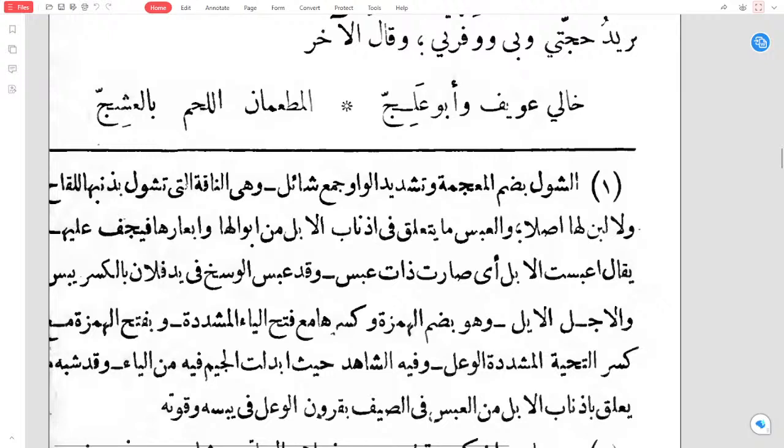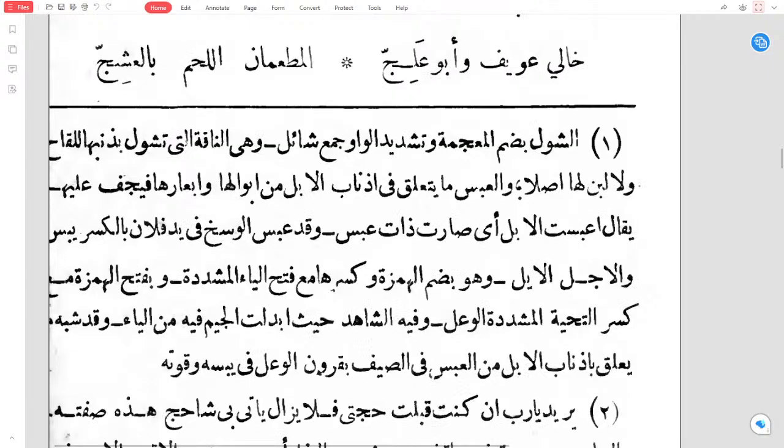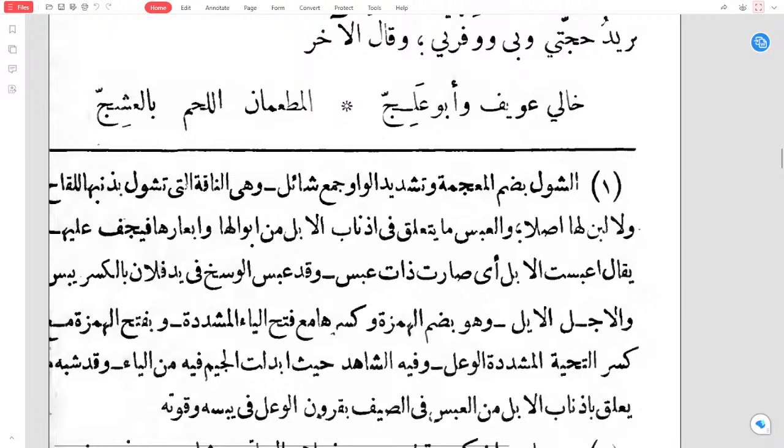Now what does قارون mean? Unless it should be قرون. قرون would be the plural of قرن, which would mean a horn.